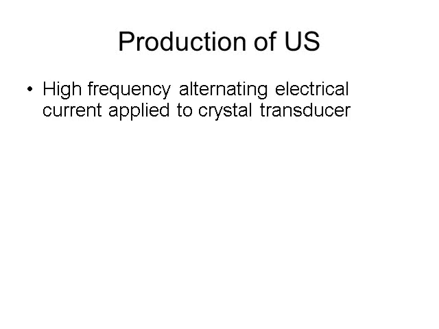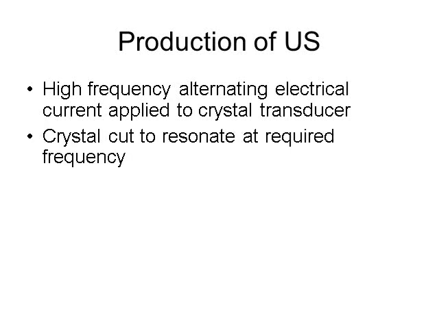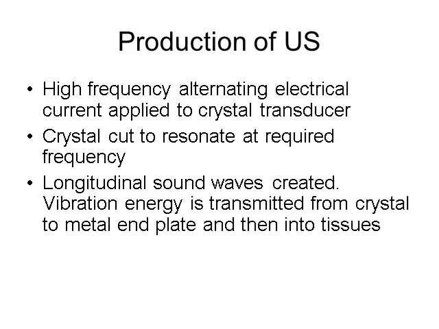Ultrasound is produced within a machine by the application of alternating electrical current to a crystal transducer. The crystal within the treatment head is cut so that it resonates or vibrates at a particular frequency, for example 1 MHz or 3 MHz, which is usually used in the clinical machines for ultrasound.